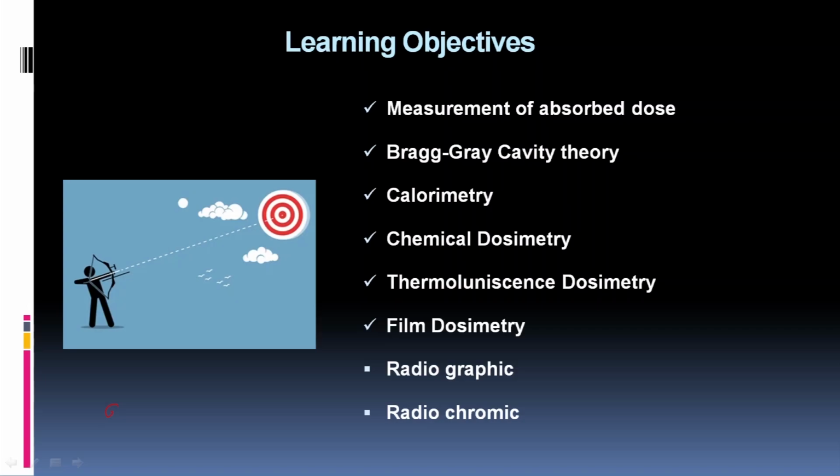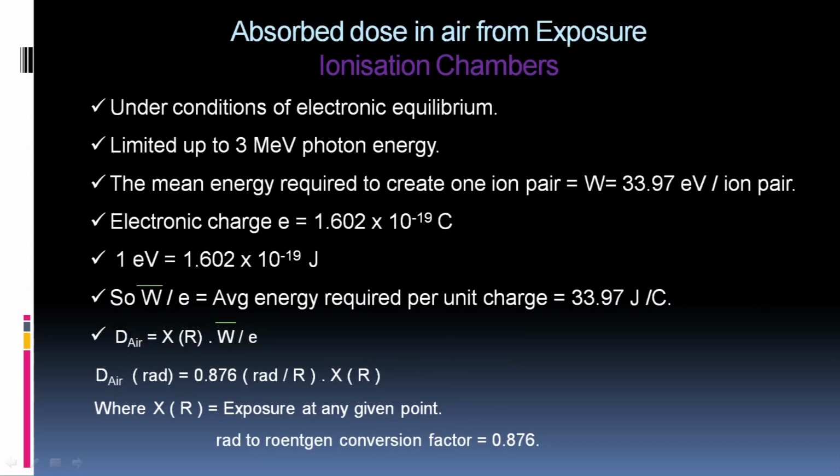We will discuss some solid state devices, especially thermoluminescent dosimetry, that is the TLD measurement system, and we will discuss film dosimetry, under which there are two types of film, radiographic film and radiochromic film.